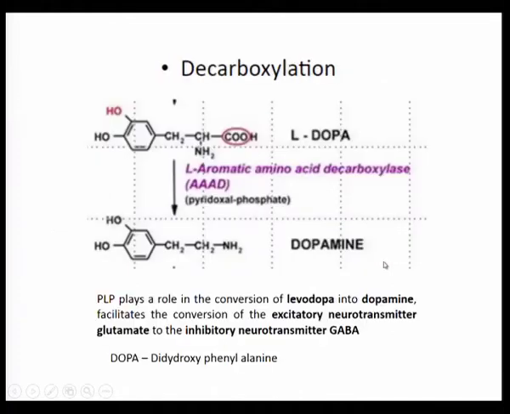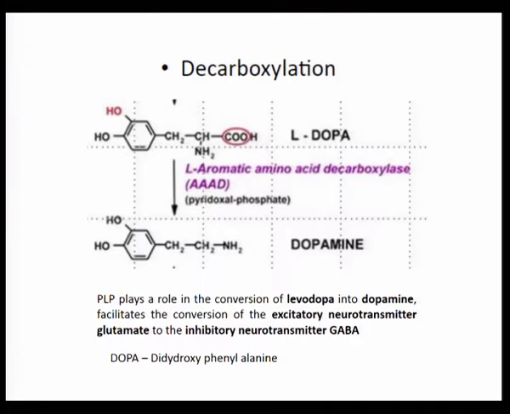Now when you look at decarboxylation, in the previous slide you saw how the amino group was removed, and in this one the carbon dioxide is removed from the carboxylic acid group. Especially L-dopa and dopamine are neurotransmitters, and they play a very vital role in the normal metabolic function of the brain and in the synaptic junction between the neurons.